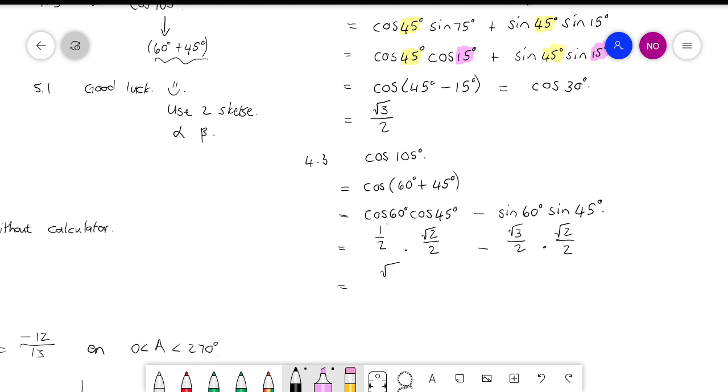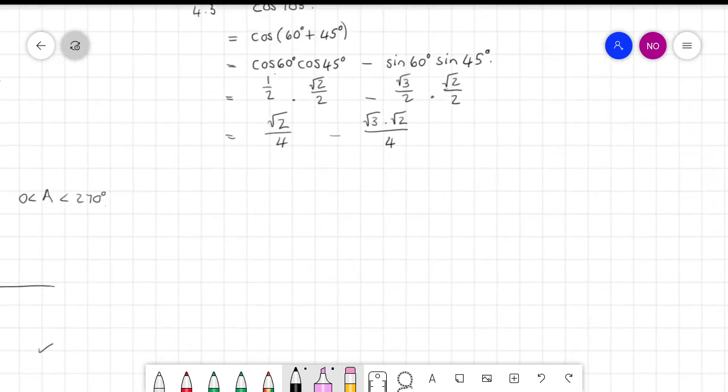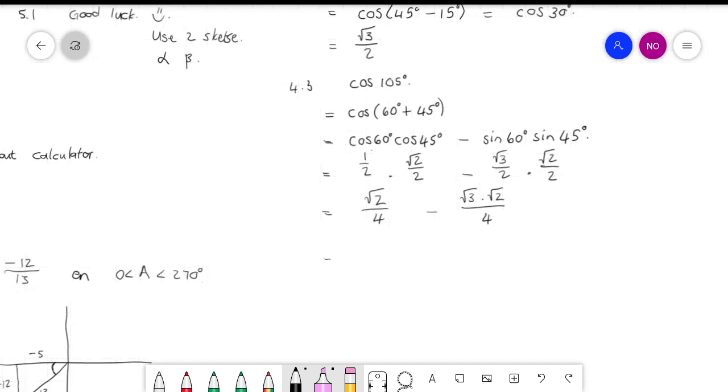Okay, so I've got root 2 over 4 minus, I'm going to keep this as root 3 times root 2 over 4. En daai ene gaan jy nou net vir jouself moet gaan vereenvoudig.